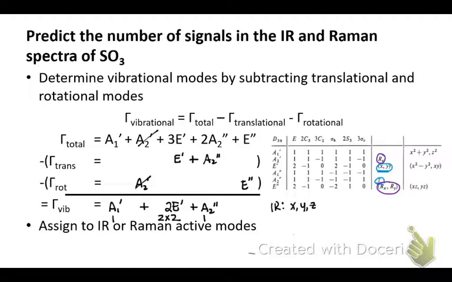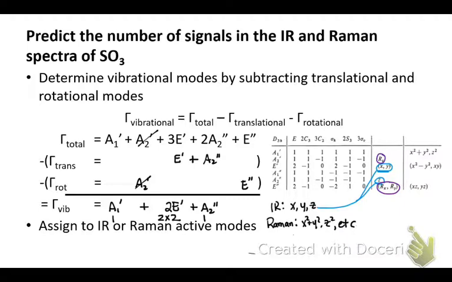And the Raman active modes have the same symmetries as any of these two-dimensional functions, so the x squared plus y squared, the z squared, etc. The IR modes have the same symmetry as x, y, and z because the IR selection rule is the change in dipole moment. And the change in dipole moment has the same symmetry as an x, y, or z vector function. So we're looking for which modes have x, y, or z symmetry.